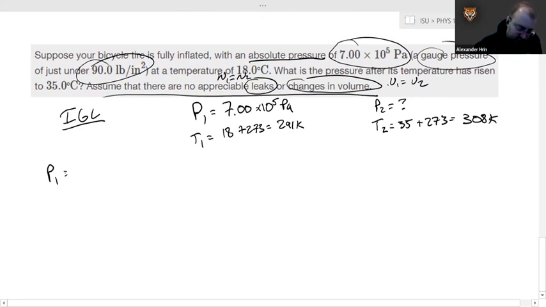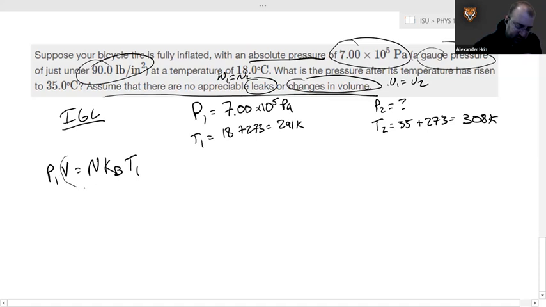So what we have is P1 V1, and I'll erase the 1 because, again, the V is just constant. And that is equal to N, which is also constant, times KB T1.